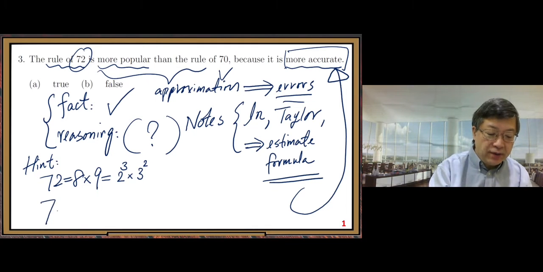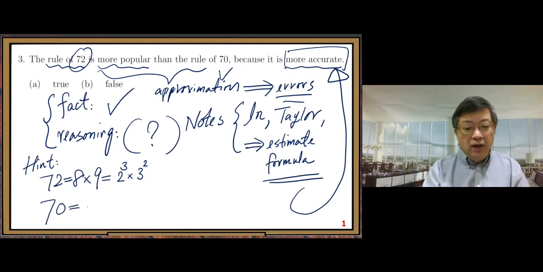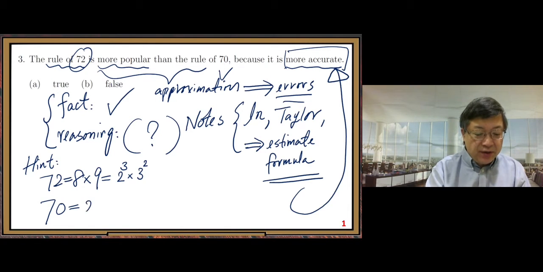Let's look at 70. Prime factorization: 2 times what? 5 times 7. All right.